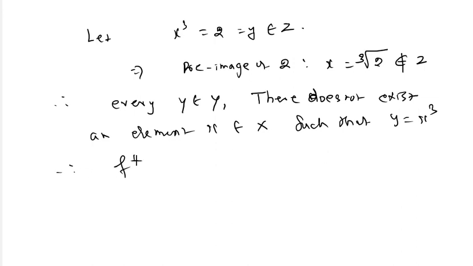Therefore, we can write that the function f is not onto. What is another name of onto? Is not surjective. The function is not surjective.